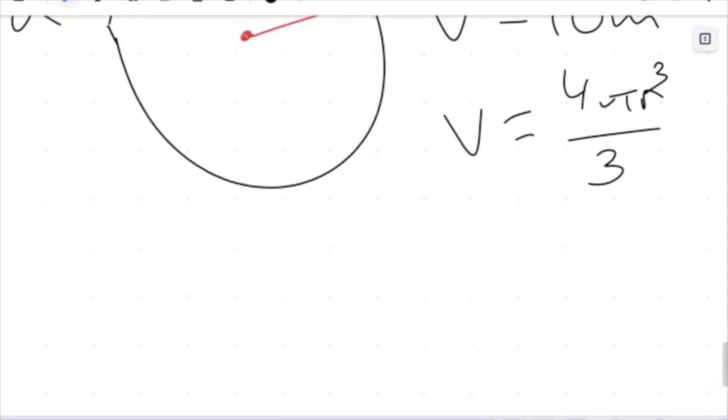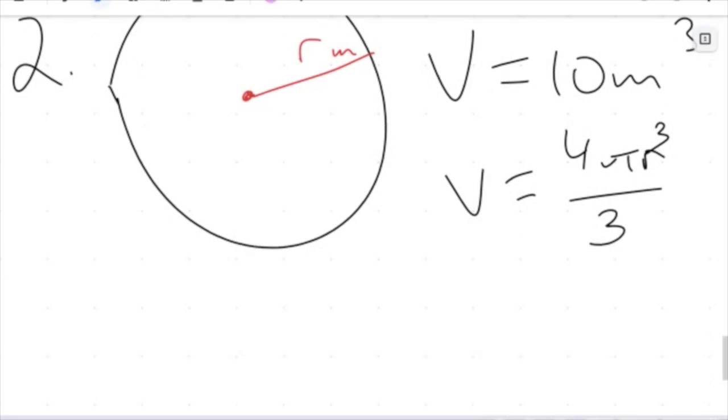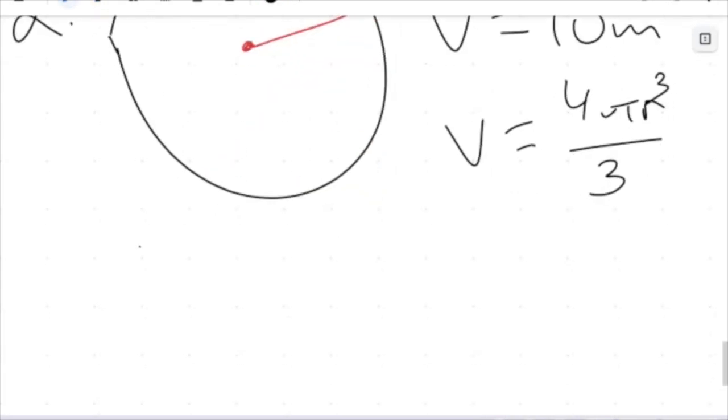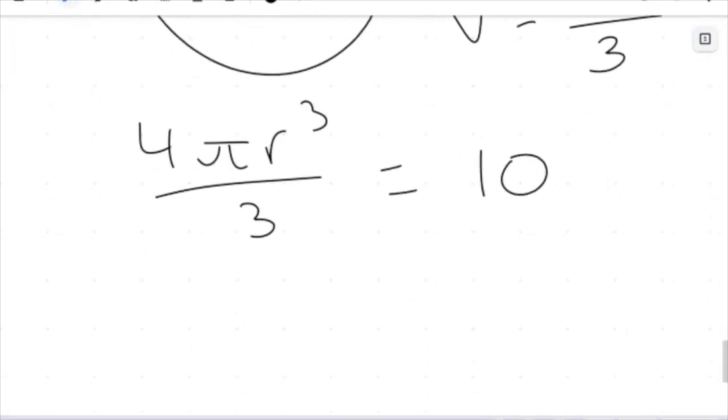And these volumes are the same. So I can set my formula, my 4 pi r cubed over 3, to equal 10, in order to think about how to solve this equation. And now I just want to solve this.